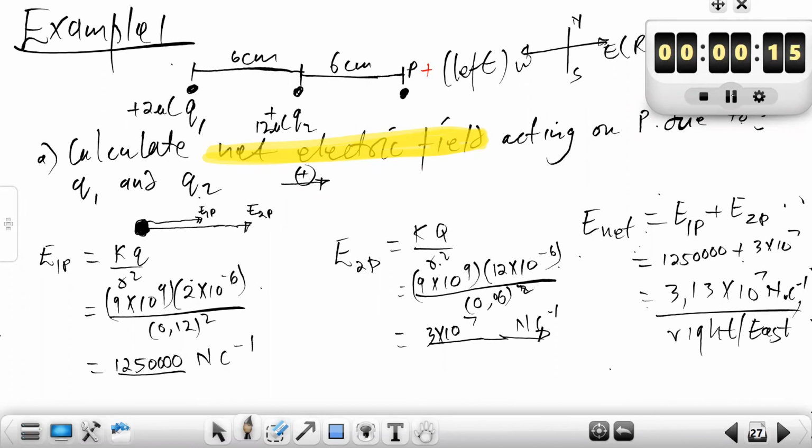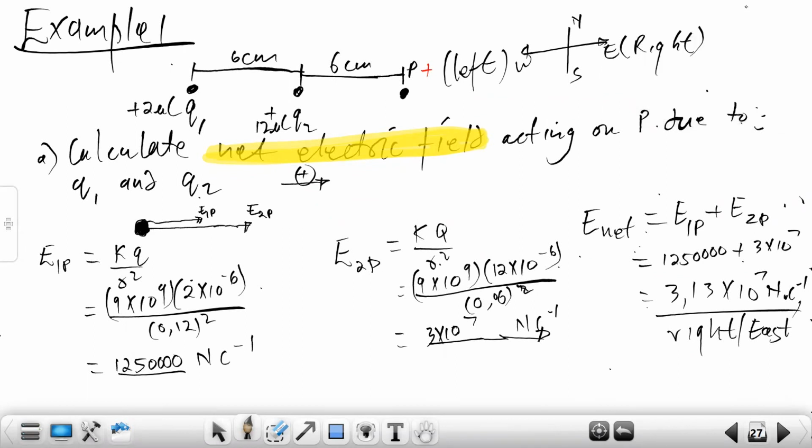Any comments in the chat? Thank you very much. Then it says everyone is happy with this one. So the next one is entirely onto you, and then we'll explain it in detail.